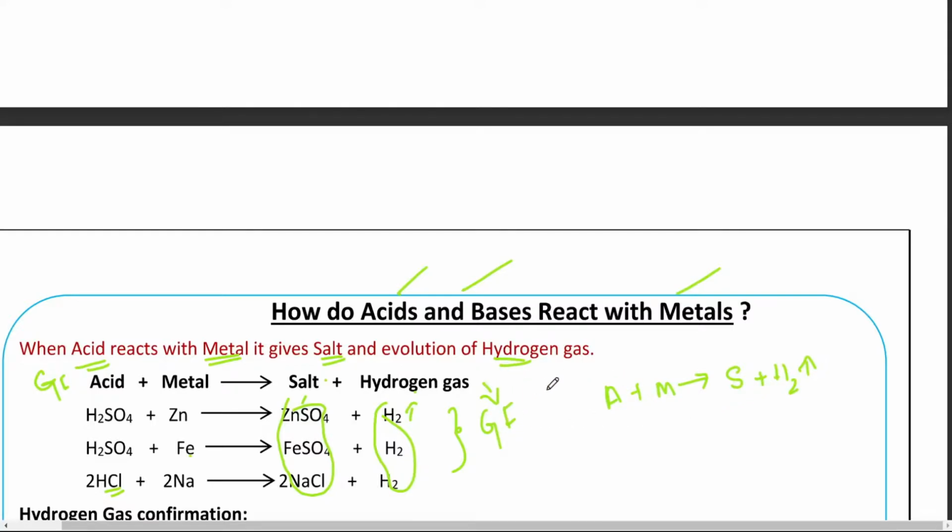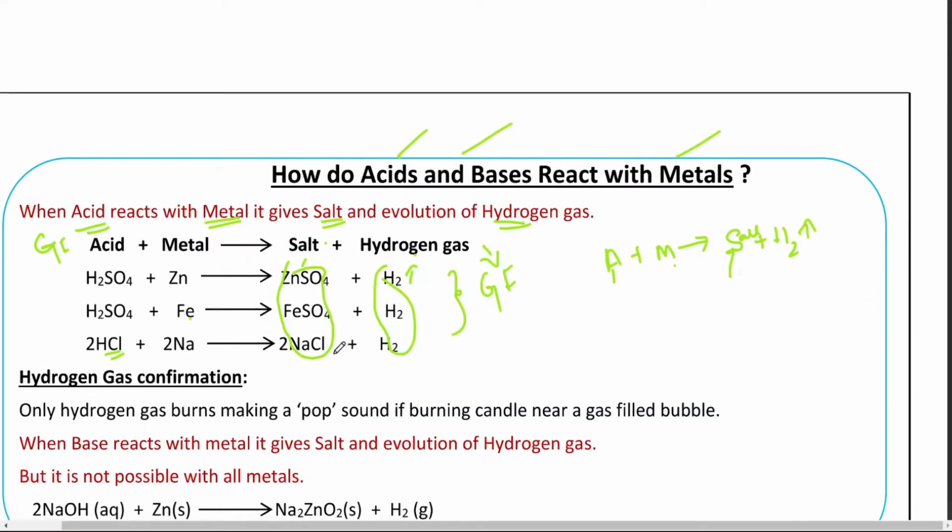Okay, so this is the shortest form that you can understand: acid plus metal will give you salt plus H2. Let me write down the salt here. Salt plus H2 is released. Now coming to the hydrogen gas confirmation. How do we assure that the gas evolved during the reaction between acid and metal is hydrogen gas itself?